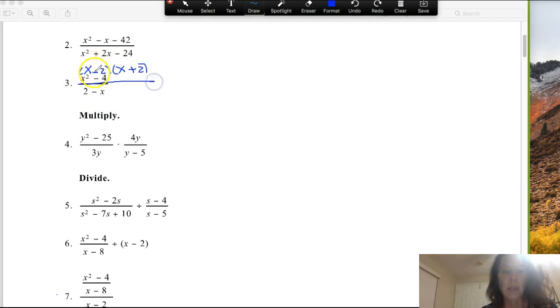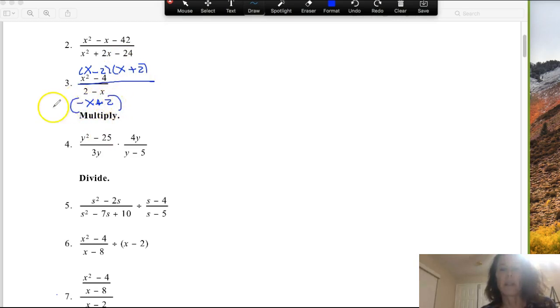Now that x minus 2 looks almost like 2 minus x, except even if I rewrote this, this would be negative x, and this would be a positive 2. So still, negative x and positive 2, nope. But how about if I force this?